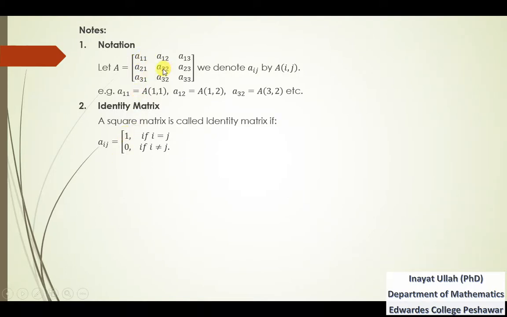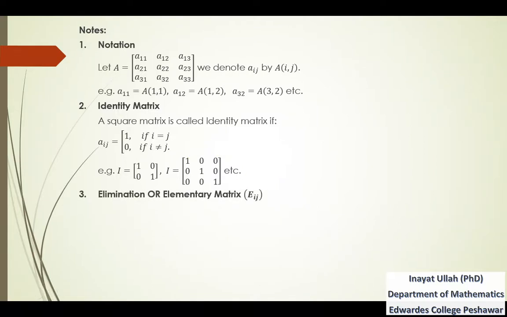Similarly, this entry will be equal to 1 and the third one, A33, will be equal to 1. So that is the identity matrix. For example, 1 0 0 1 is a 2 by 2 identity matrix, and that is a 3 by 3 identity matrix.